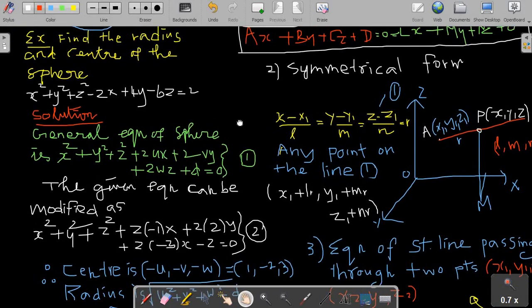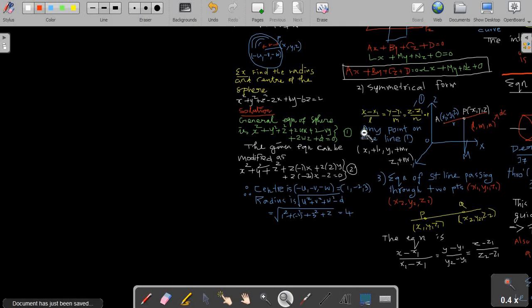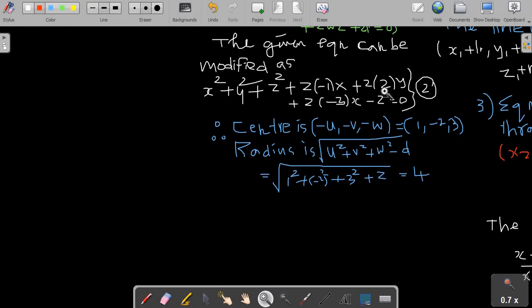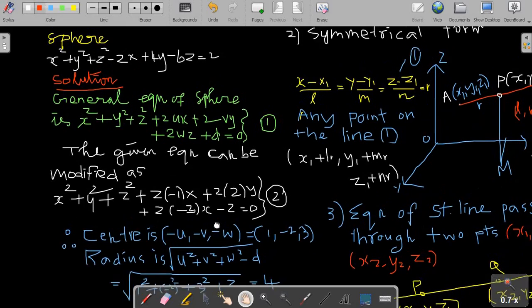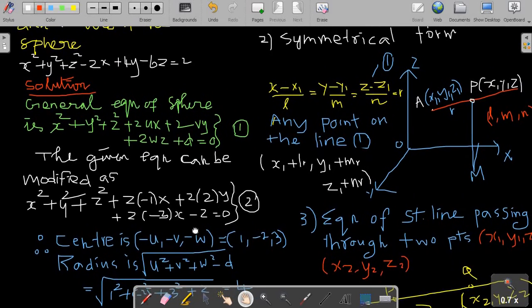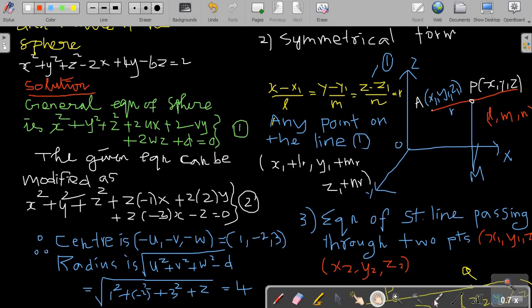Still it is not viewable, am I correct? So I will minimize. Too much minimizing will not be helpful for us. So let me take this here.